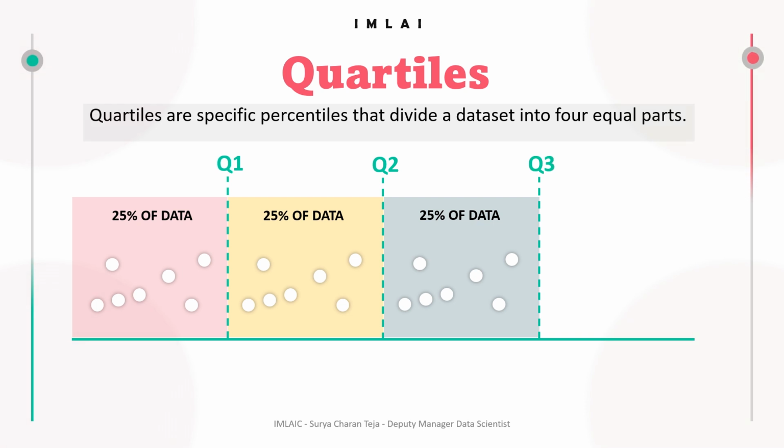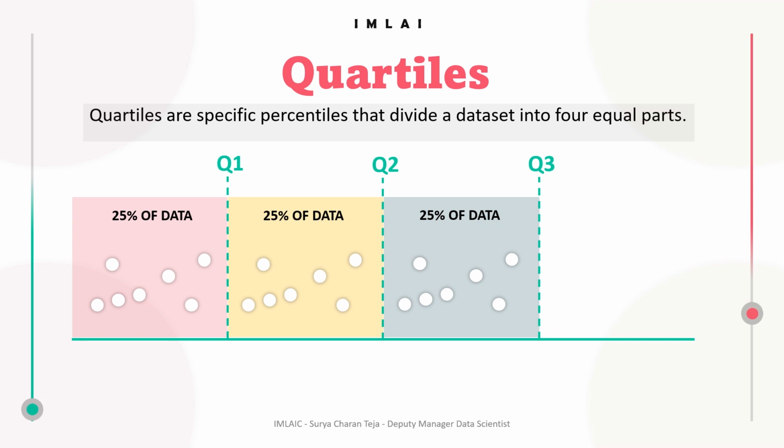So the value which holds the 75% of data out of the total data points is known as quartile 3, or third quartile, or 75th percentile. 75% of the data points fall below this value, which is called the 75th percentile or quartile 3 or third quartile.